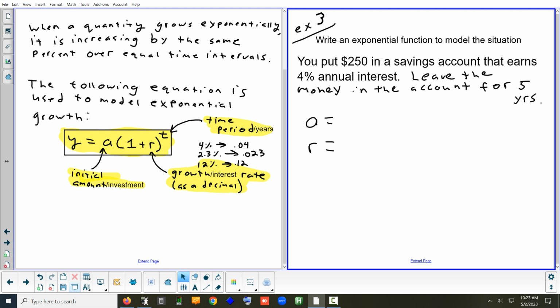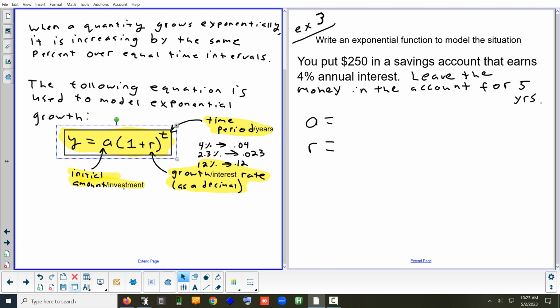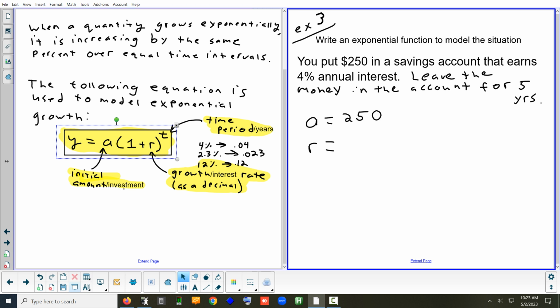In the sentence that's typed, not the one that I hand wrote, which value there is my A? Yeah, that's my investment. That's how much money I'm putting in the bank. $250. And which number there is my rate?